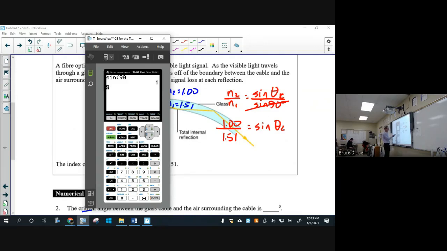We are good. Then we're going to take the second function or inverse sine of 1 over 1.51. The good news is if you mess up those indices of refraction, get them backwards, what happens? Error on your calculator. That does not happen with other Snell's law problems, but it does happen with critical angle problems if you mix up the indices of refraction. So that gives us a value of 41.5 degrees.